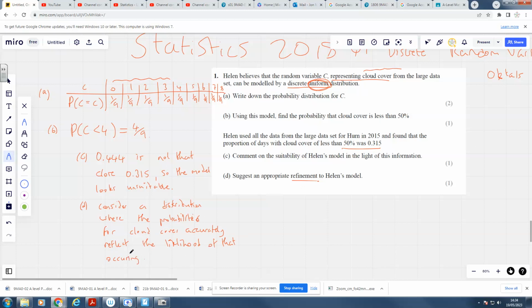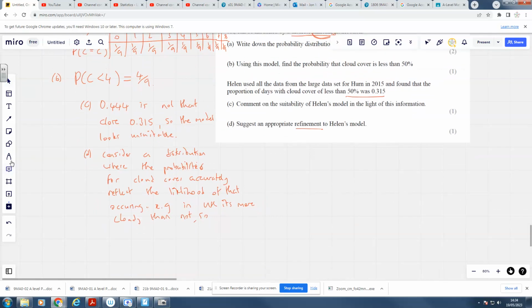Consider a distribution where the probabilities for cloud cover accurately reflect the likelihood of that occurring, e.g. in the UK it's more cloudy than not. So use greater probabilities for 5, 6, 7, and 8. For the probability that C is greater than or equal to 5, let's just put it so we can do it all in one go.